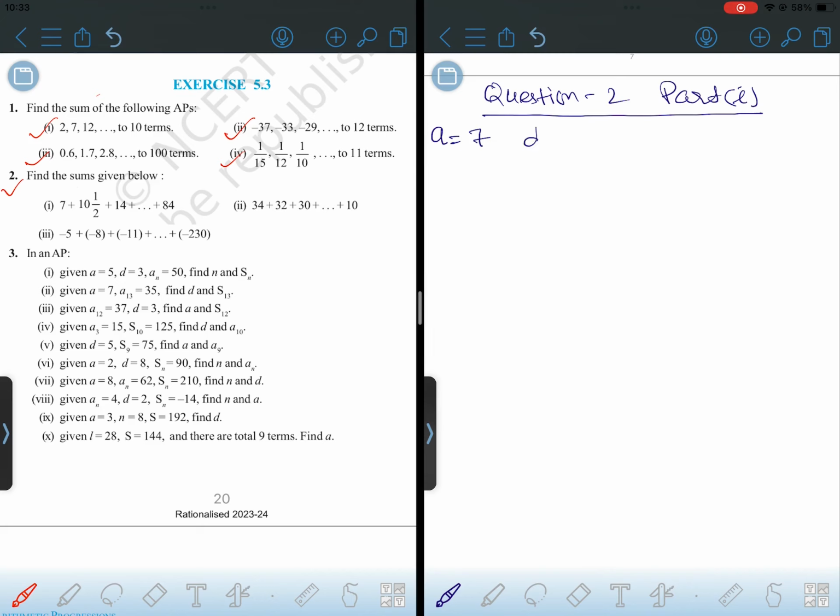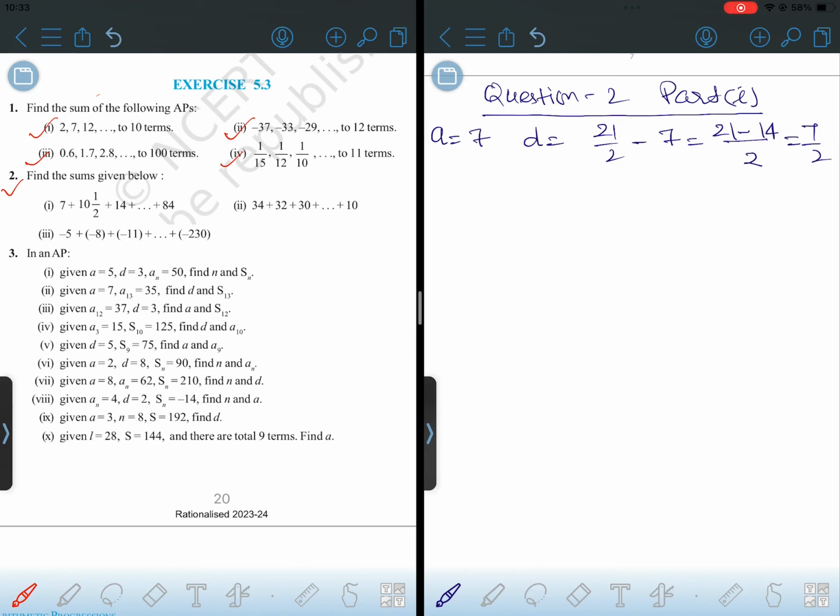They have given a mixed fraction, so it will be 21 upon 2. So 21 upon 2 minus 7. Then you can take the LCM as 2, that is 21 minus 14, that gives you 7 upon 2. So the common difference for this AP is 7 upon 2, and the number of terms we don't know.